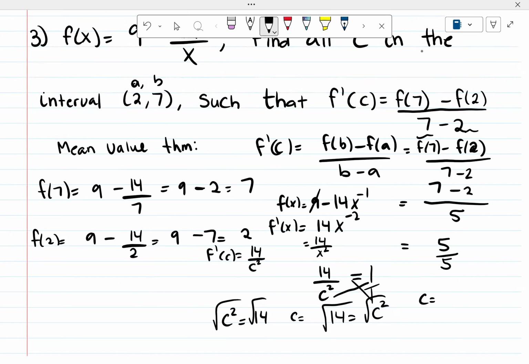Get c equals positive square root of 14 and negative square root of 14. You can eliminate negative square root of 14 because we can only go from the interval 2 to 7. So my c value is square root of 14. Let's move on.